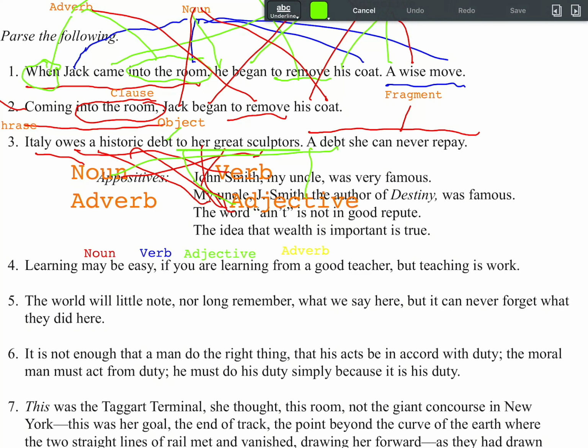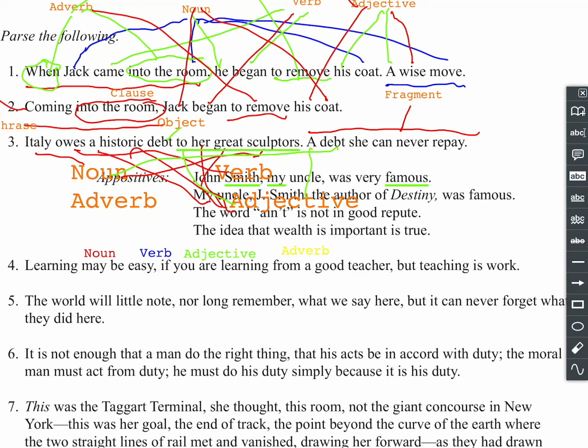So famous is an adjective because it's modifying uncle. My is an adjective. It's a little messy. Bear with me. You know what? Now that we did this already, I'm just gonna save.